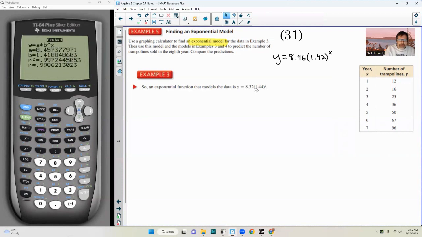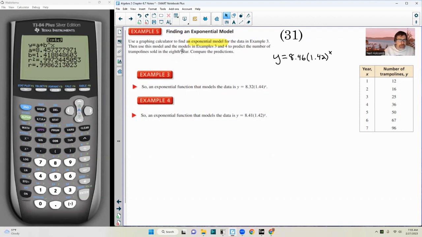The book had 8.32 times 1.44 to the x. And example 4 had 8.41 times 1.42. So here's example 3, here's example 4, and here is the equation I got when I used the regression model from example 3. Okay, so that's what they wanted us to do.